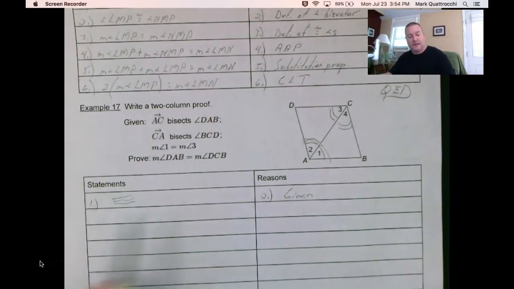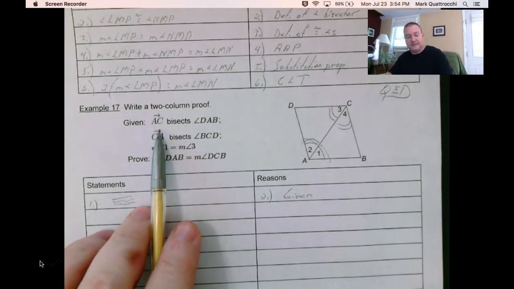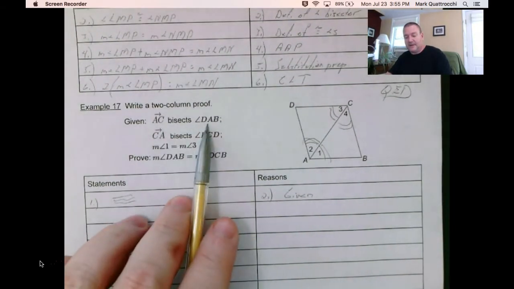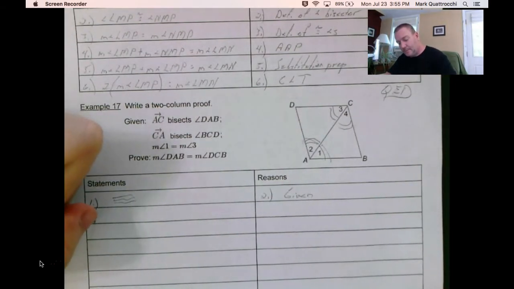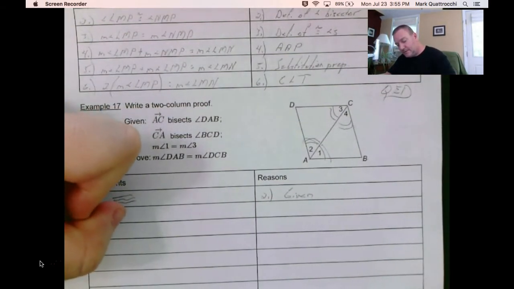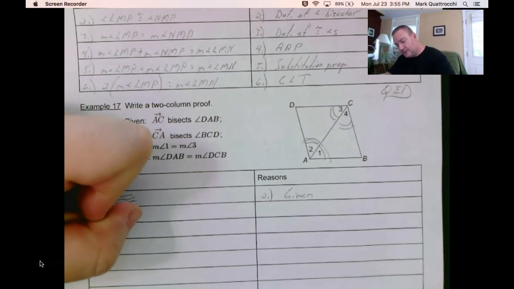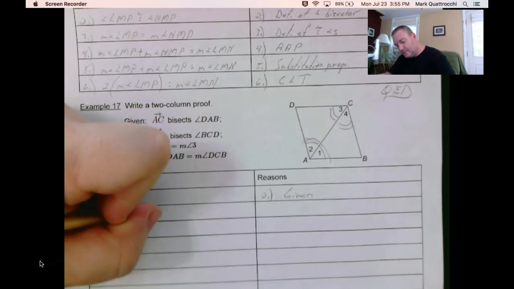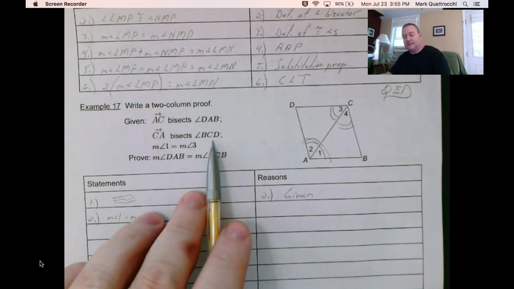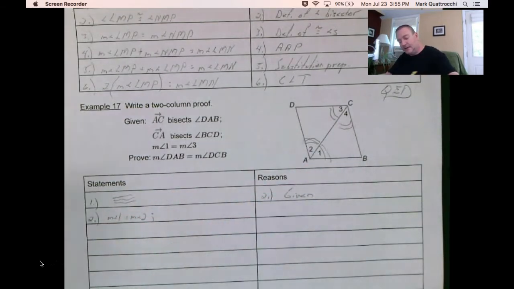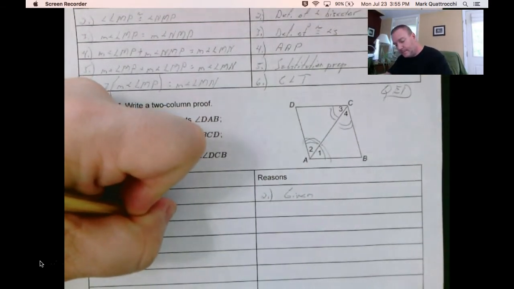All right. If AC bisects DAB, then angle 1 is equal to angle 2. Measure of angle 1 equals measure of angle 2. And ray CA bisects angle BCD, so angle 3 is equal to angle 4.